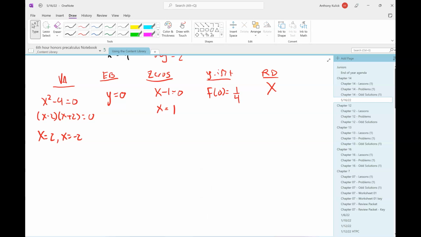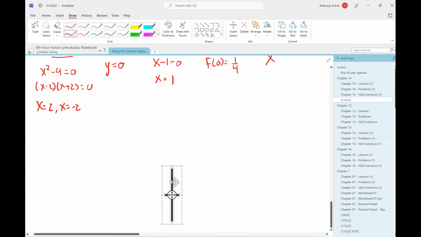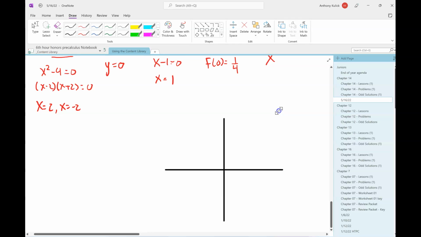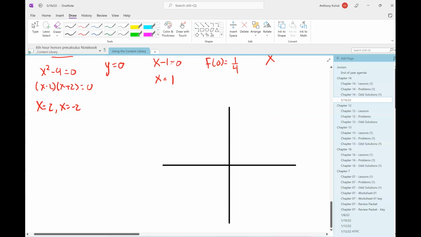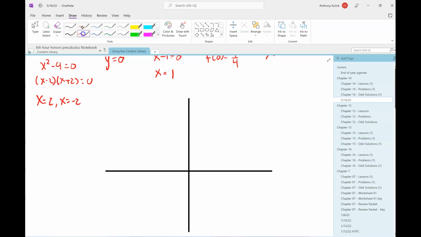Oh boy. That's not what I wanted that to look like at all. All right. So I'm going to start by putting in my asymptotes and end behaviors. Let's see. 1, 2, 1, 2, buckle my shoe.